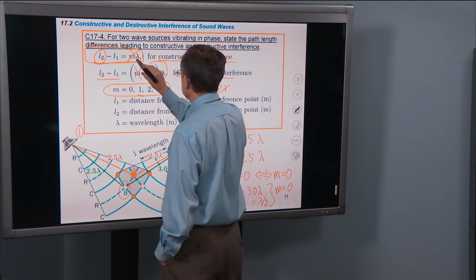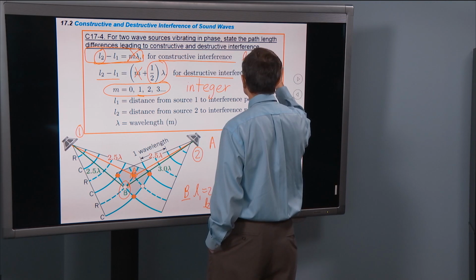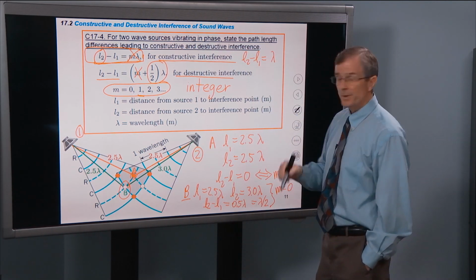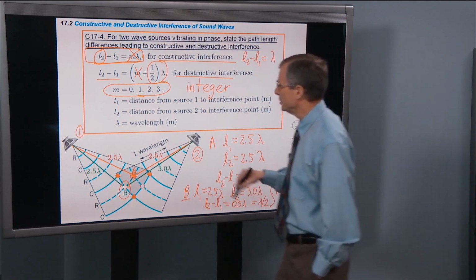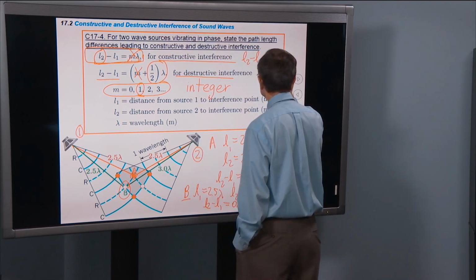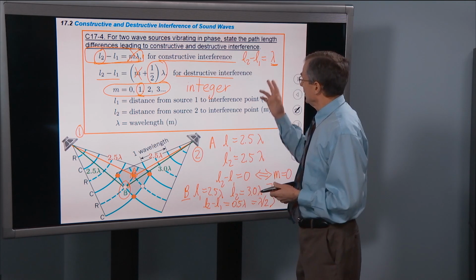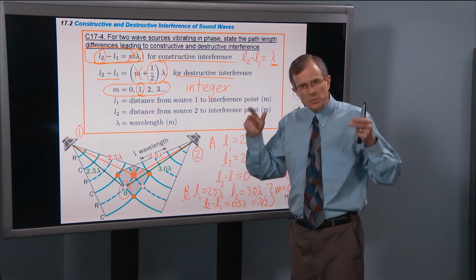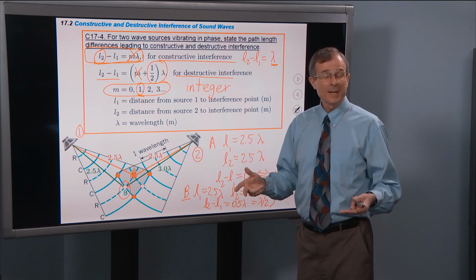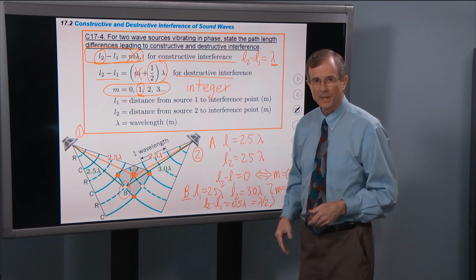So, for example, for constructive interference, if L2 minus L1 is equal to the wavelength, which value of m does that correspond to? Well, it's 1. 1 times the wavelength is just the wavelength. In this case, the difference between the two path lengths is 1 wavelength, and you'll still get crests meeting up with crests because you've just offset the one by 1 wavelength.